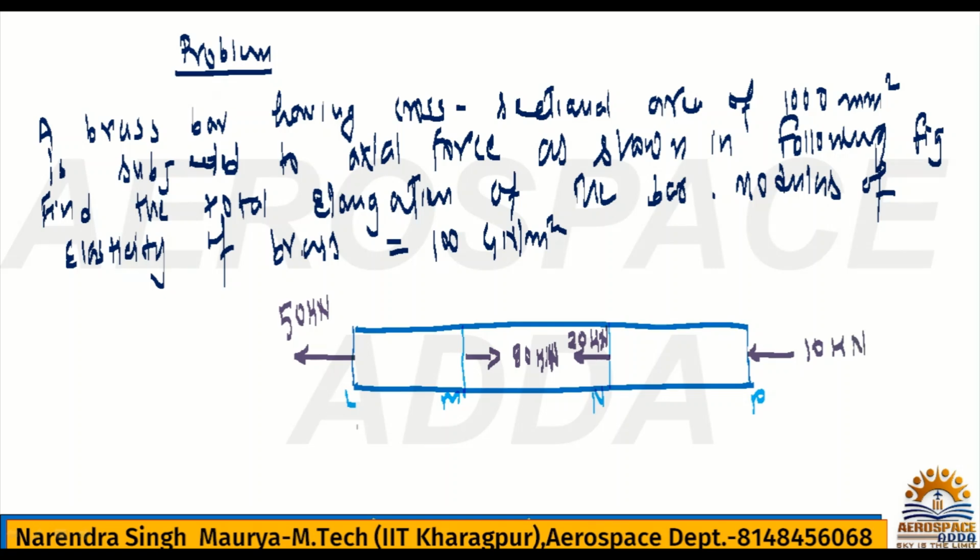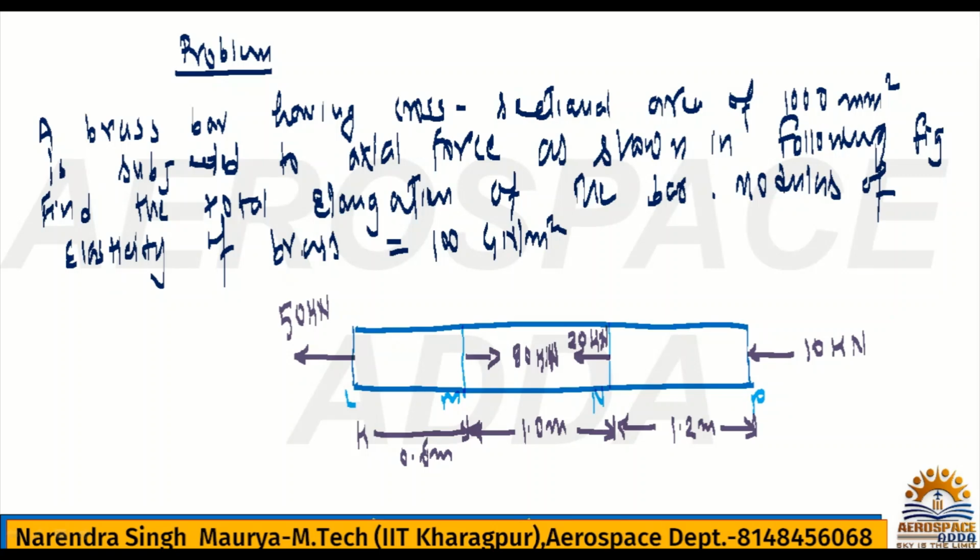Now coming to the dimensions, lengthwise 0.6 meter, here it is 1.0 meter, and here it is 1 point. This is the bar, okay. This is 0.6 meter. All right.